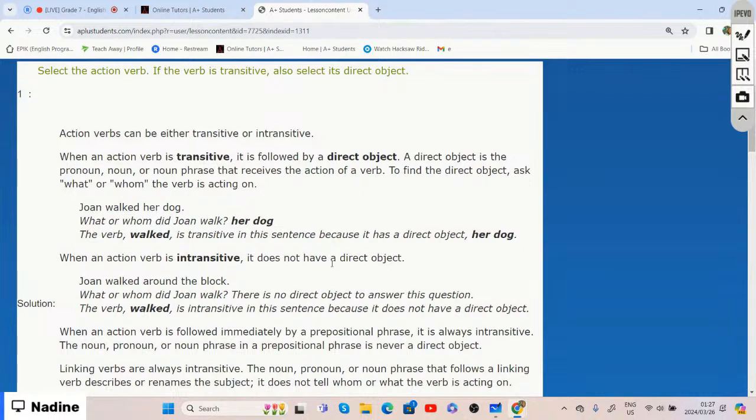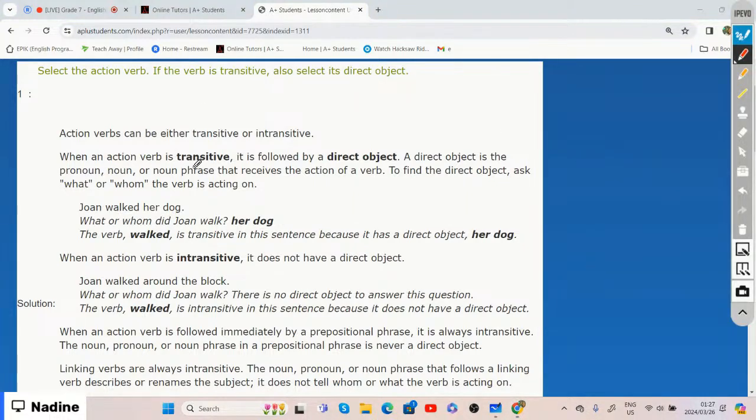When it comes to transitive and intransitive verbs, when an action verb is transitive, then it is followed by a direct object. And a direct object can be a pronoun, a noun, or a noun phrase that receives the action of the verb.